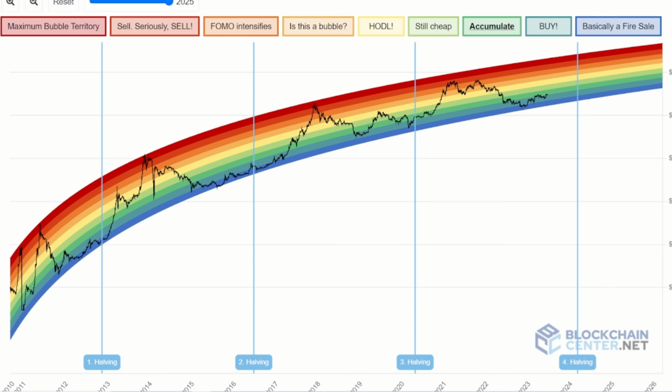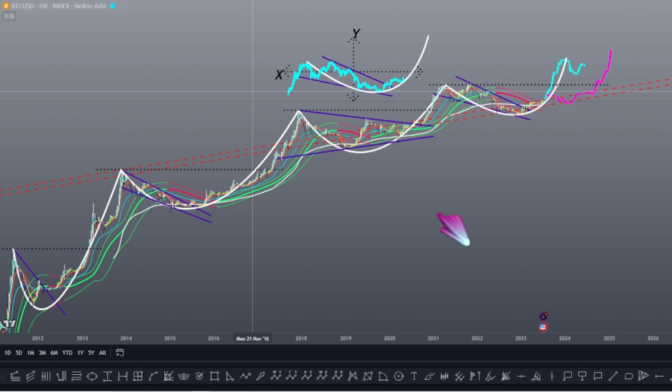We can see this logarithmic progression of the rainbow, denoting the nature of Bitcoin's price progression over time. But imagine you have this piece of paper cut out of Bitcoin within the volume, or space, of a three-dimensional cylindrical curve that is curved like the logarithmic curve that Bitcoin is. So we go back to this chart.